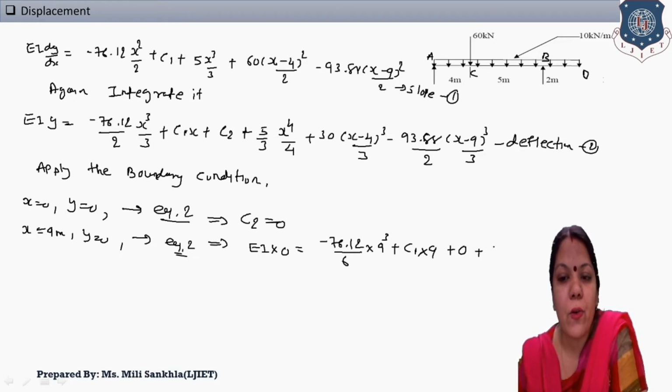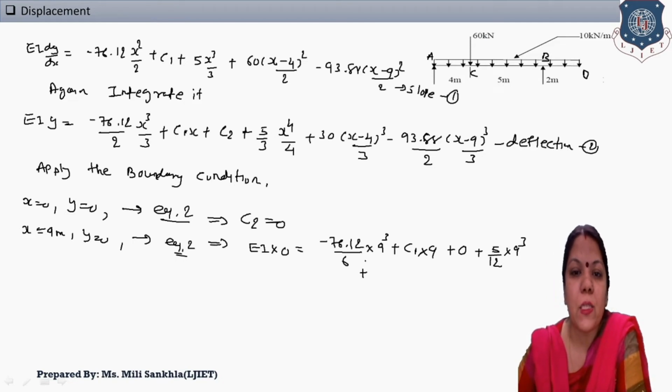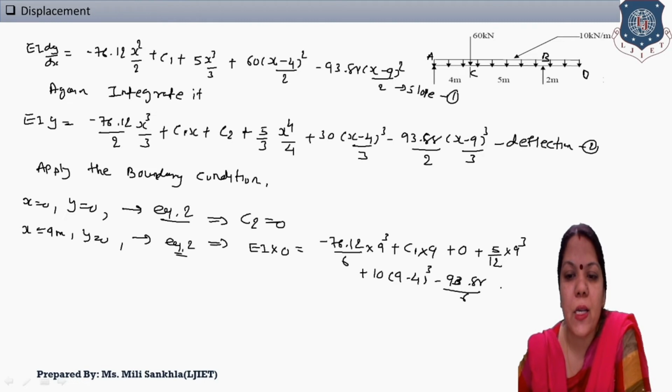Next, 5 by 12, and x is equal to 9⁴, and plus, look at this, 30 by 3, that is 10, (9 minus 4)³, minus 93.88 divided by 6, and (9 minus 9)³. This last term is cancelled.